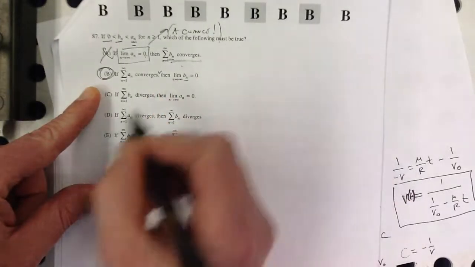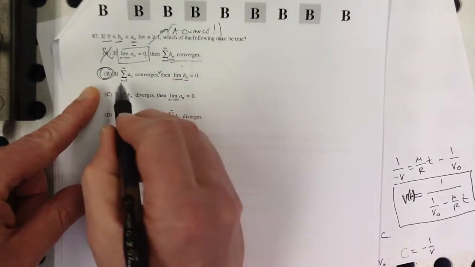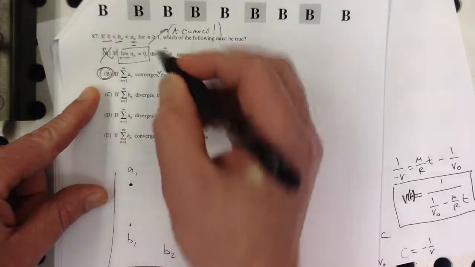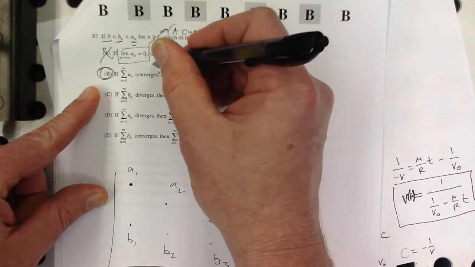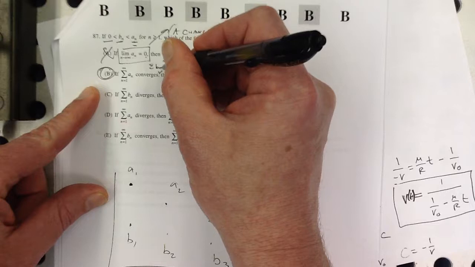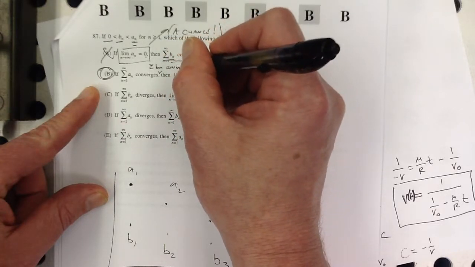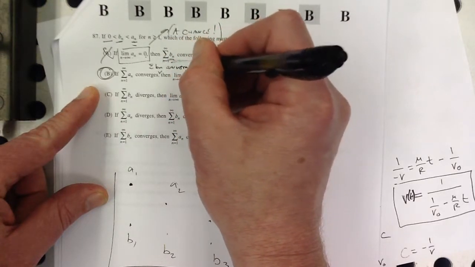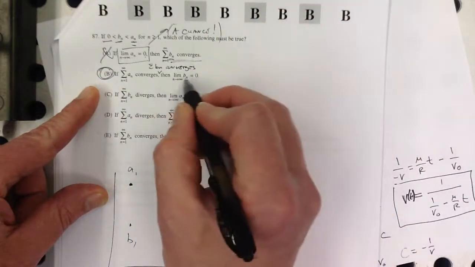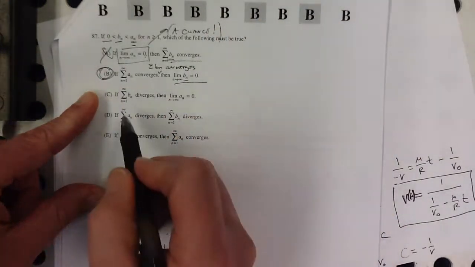You could put a middle logical step in here. If the A series converges, then the B series converges also. And then that means that this must be true. So let's look at these other ones.